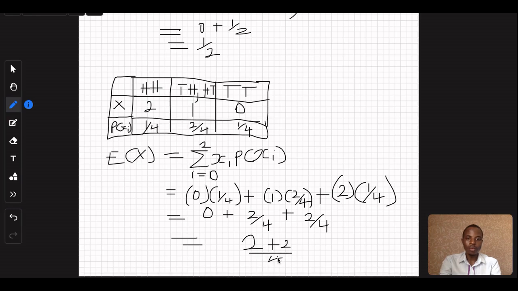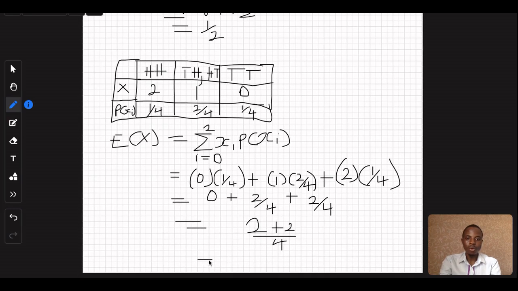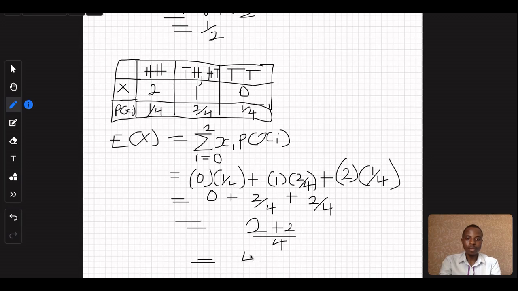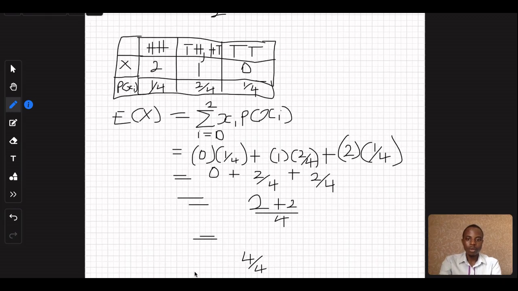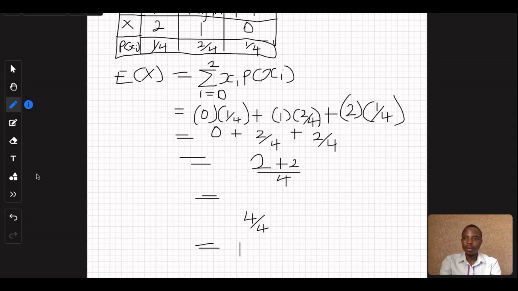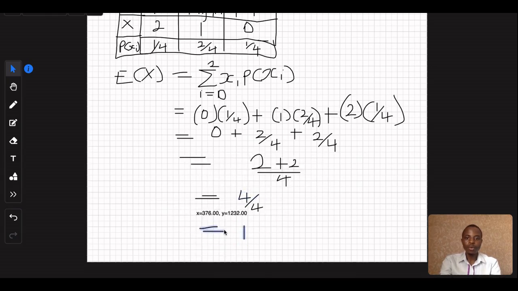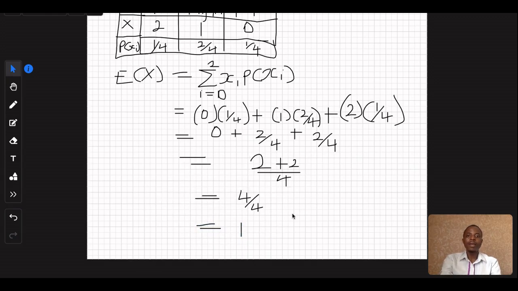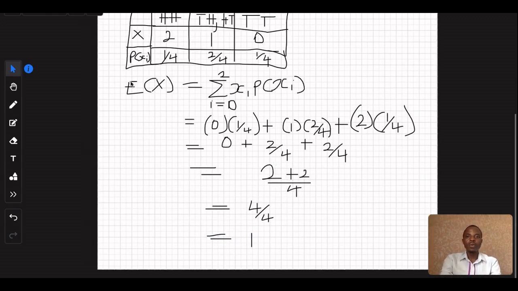And that is going to give us 4 over 4, which will give us 1. And that will be the case. So I think this is sufficient to show us how to find the mean using what we call the mathematical expectation.